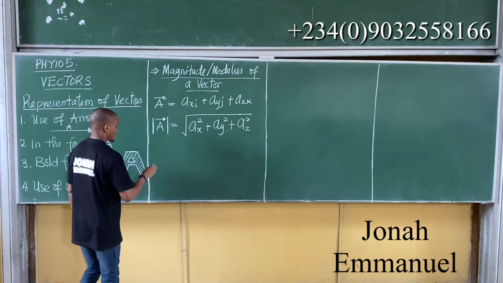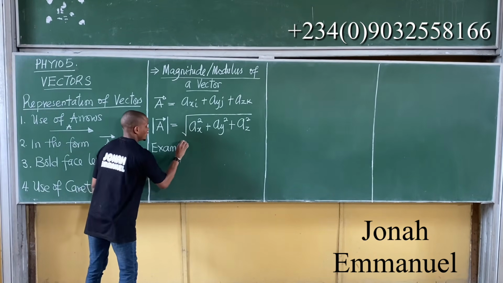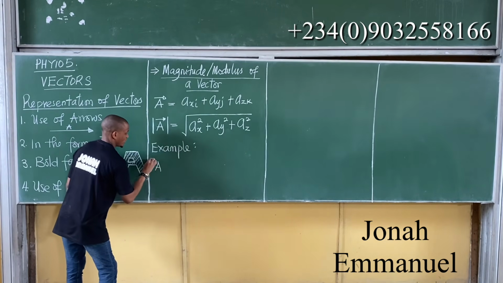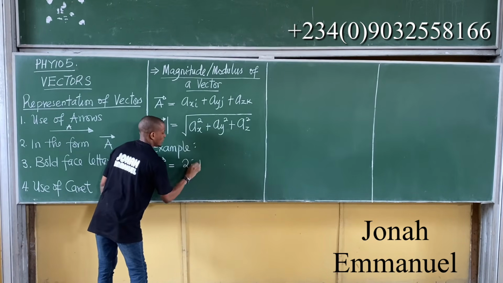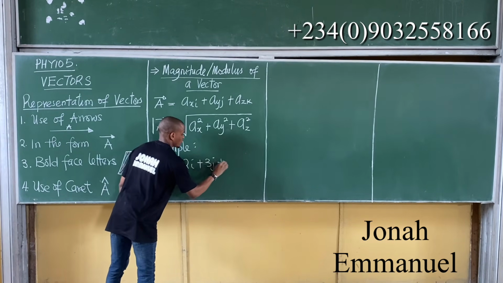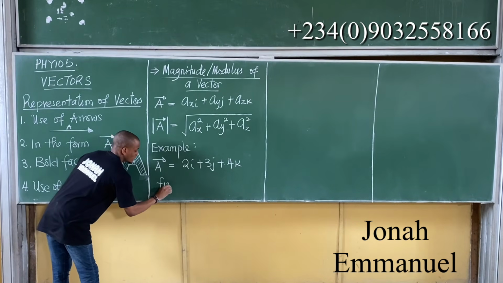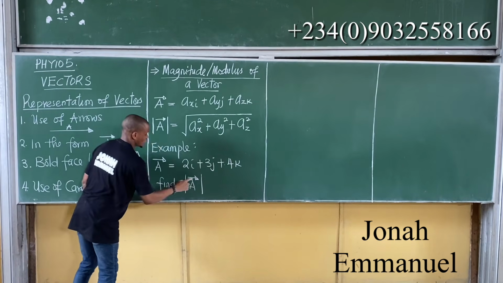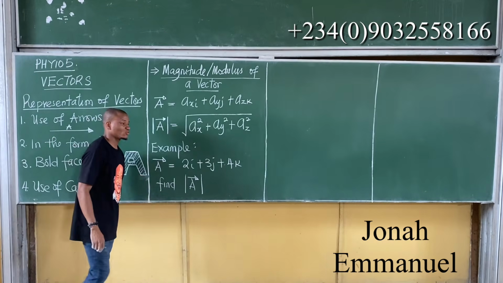Let's get an example of this. Let's say I have a vector A equal to 2i plus 3j plus 4k, and I'm asked to find the magnitude of the vector. What do I do?